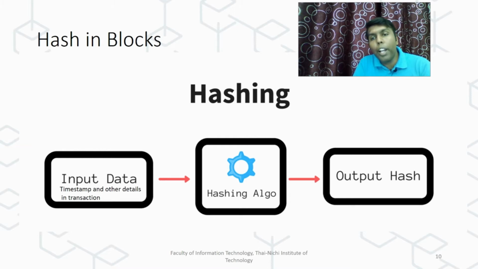This output hash is used for making this kind of secure hash values which is not understandable by any hacker. So this is how hash is formed. The detailed information on hashing will be explained in the lectures from week number 5 to 7.